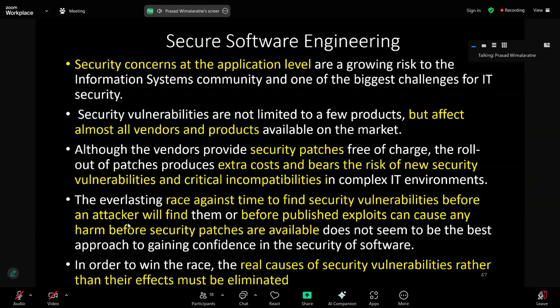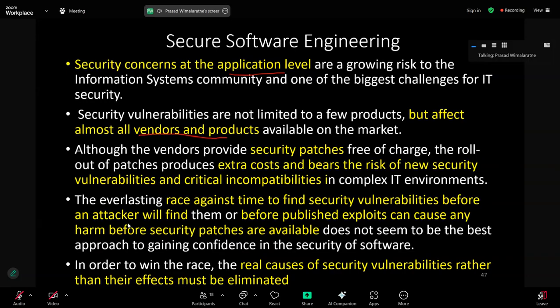SSE or secure software engineering has emphasis on the application level because there are a lot of issues. Almost all vendors want to reduce the security problems, and the typical approach is they try to build and patch. Sometimes security patches are released when they discover more and more problems, but it's an everlasting race with the malicious users, right?